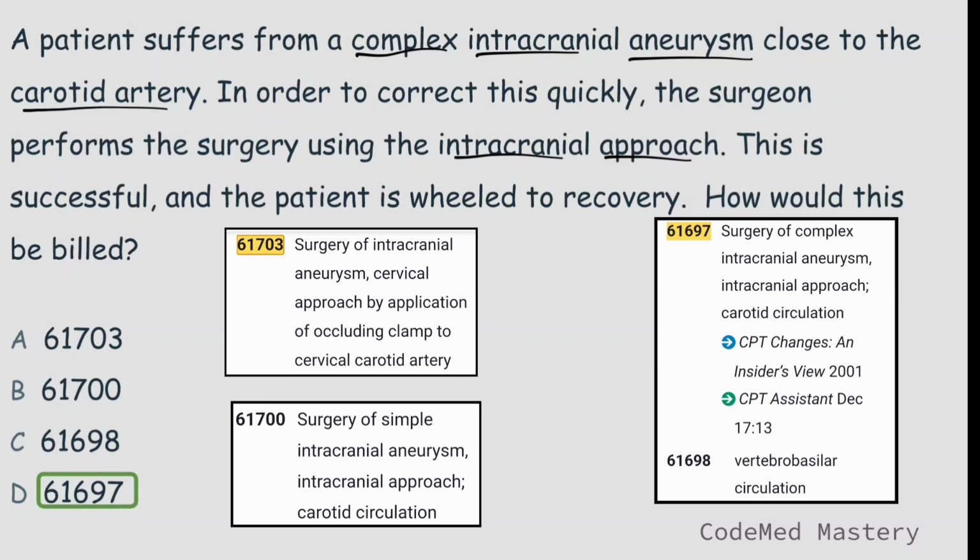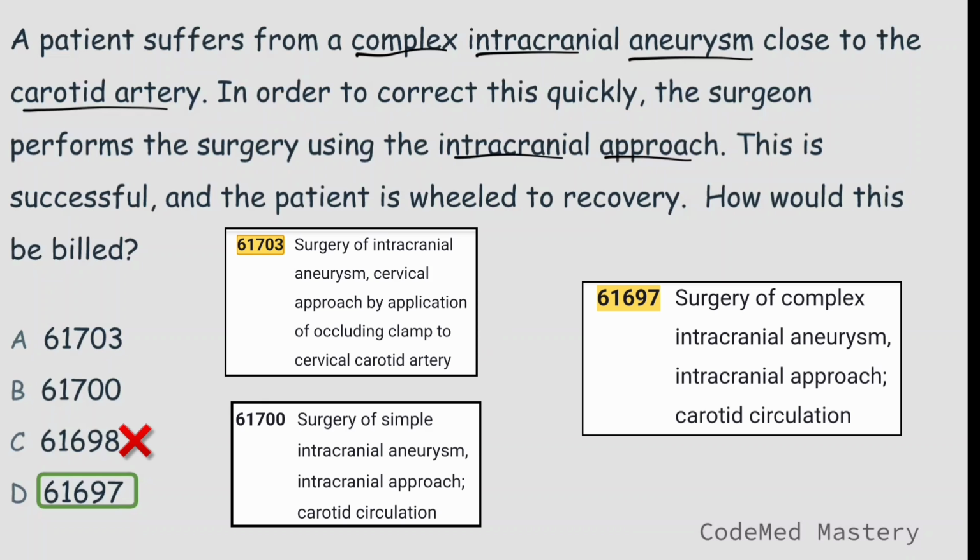The code 61698 in option C is wrong because that is for vertebrobasilar circulation. That is not what the patient suffered from, right? In the scenario they have mentioned aneurysm close to the carotid artery, so we cannot code 61698. Eliminate option C. Coming to option B, 61700, that is for simple intracranial aneurysm, but we have to code for complex according to the scenario.